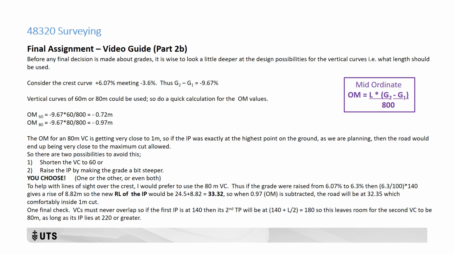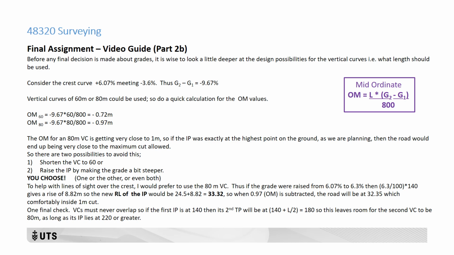All right, now let's have a look. Would an 80 metre work? We can't overlap, remember? So if the first IP is located at 140, then the finishing TP of this is going to be at the IP chainage 140 plus L on 2. So 140 plus 40 equals 180.